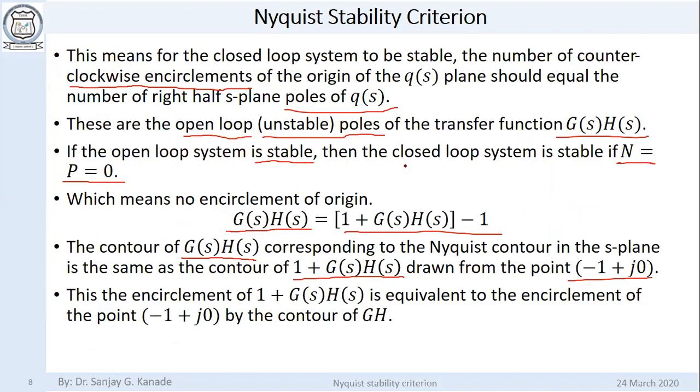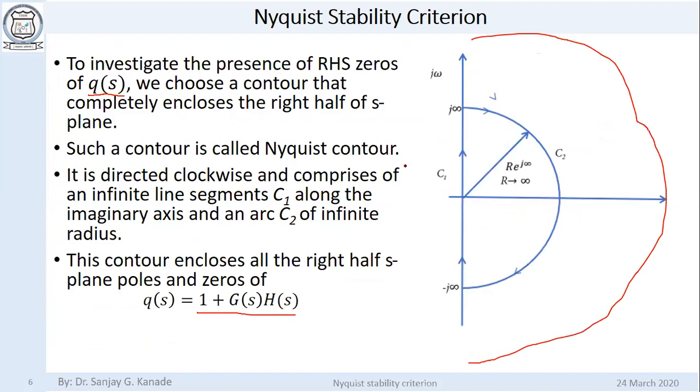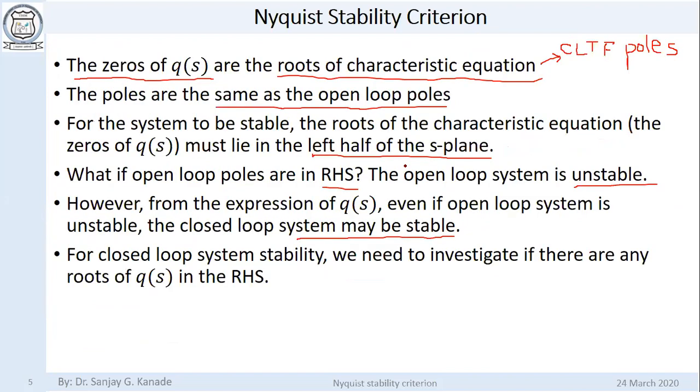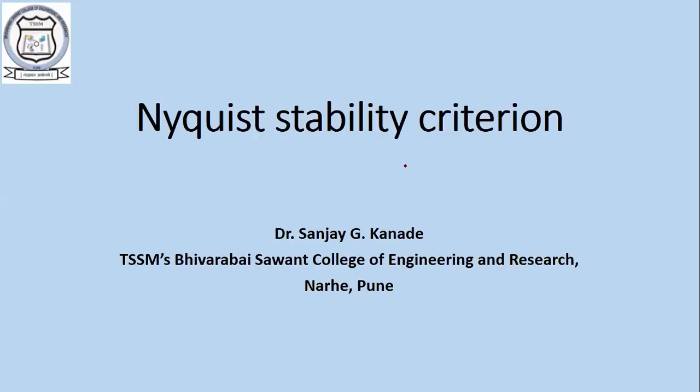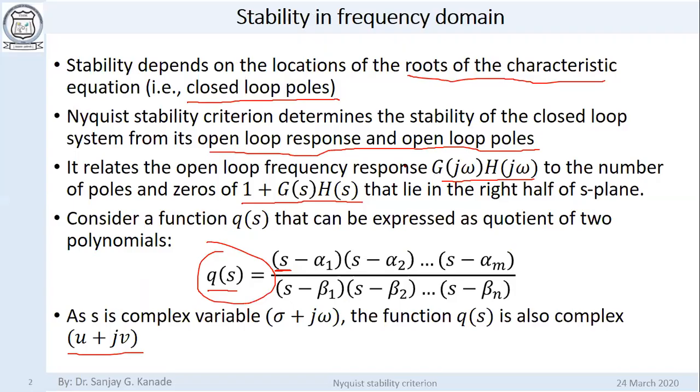Are you getting what we have discussed? How this stability is coming up? I'm just going back to what we have seen. Whenever we are talking about stability, we must know we are always talking about the roots of the characteristic equation. The characteristic equation is 1 plus G(s)H(s) equal to 0.